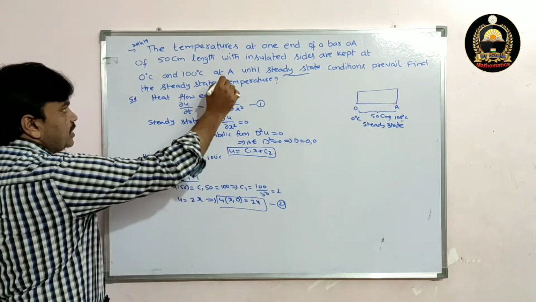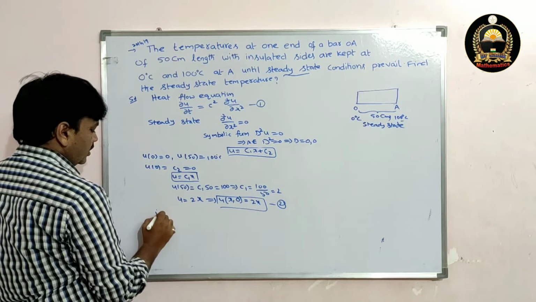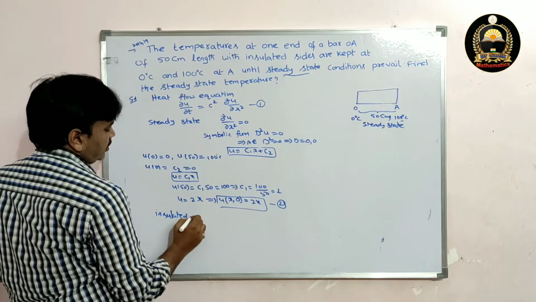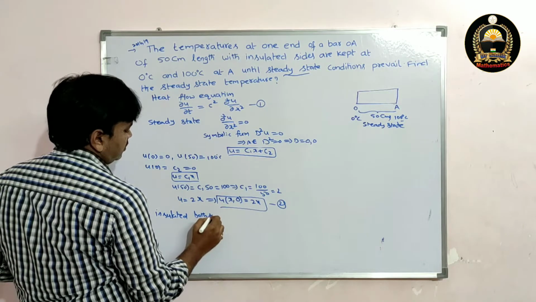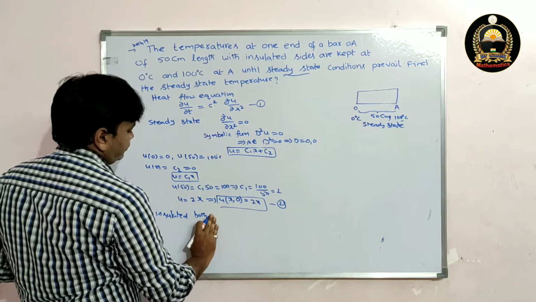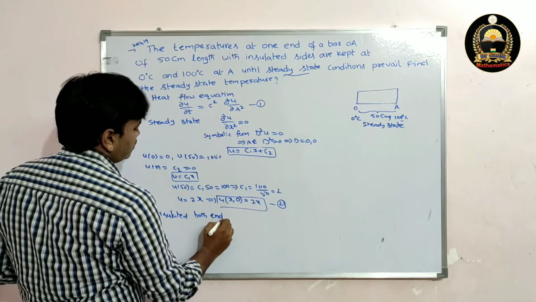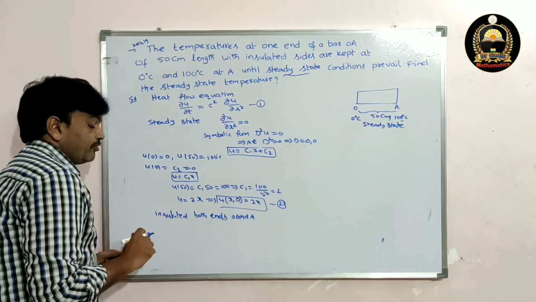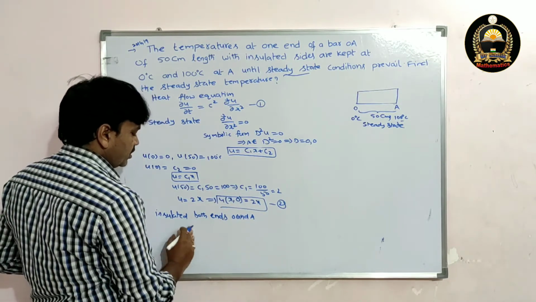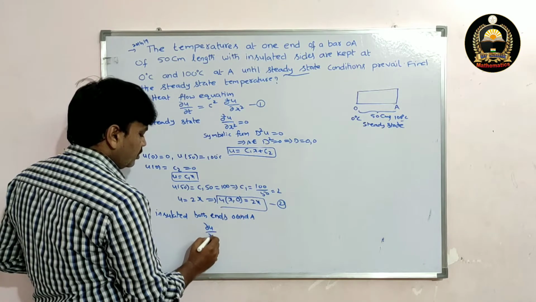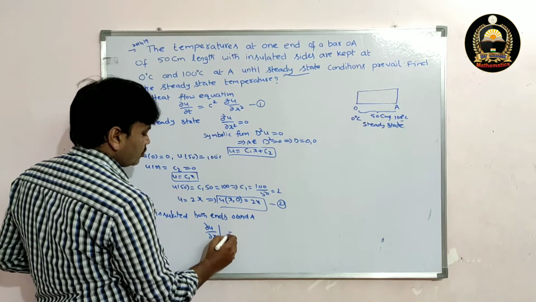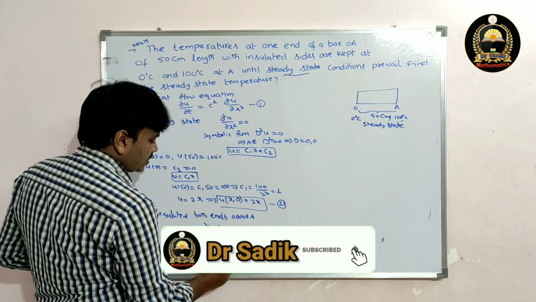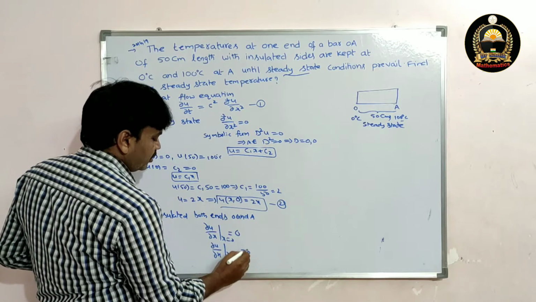Now what does it say, students? Insulated, both ends O and A. When it is insulated, there is no change in the temperature. So dou U by dou X at X equal to 0 is 0, and dou U by dou X at X equal to 50 is also 0.